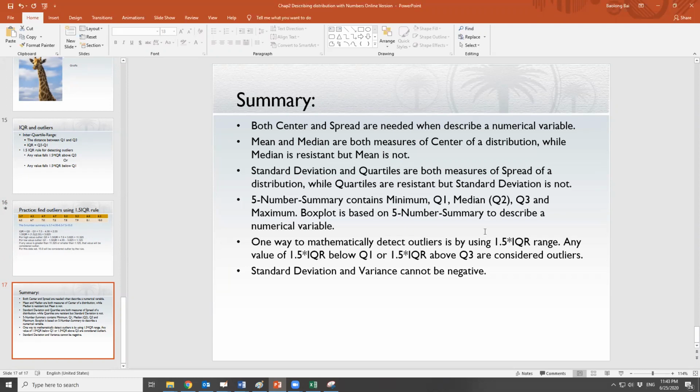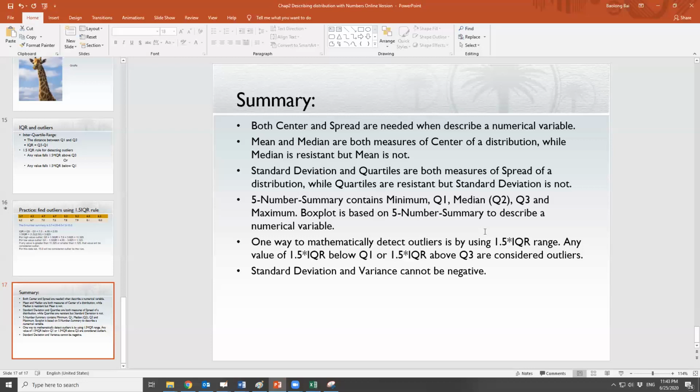For center, we have two different measures: mean and median. For spread, we have two measures: standard deviation or variance, and the interquartile range, IQR. We need to be able to find any of these measures for any given data set. And we need to realize some of the measures are resistant, some are not.